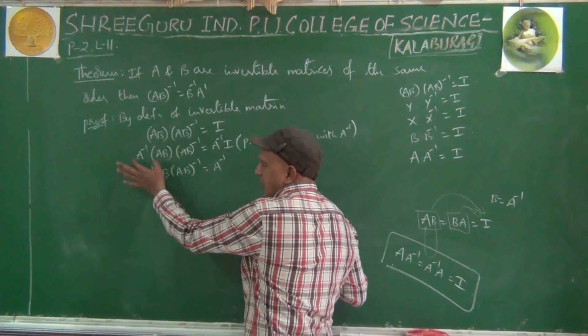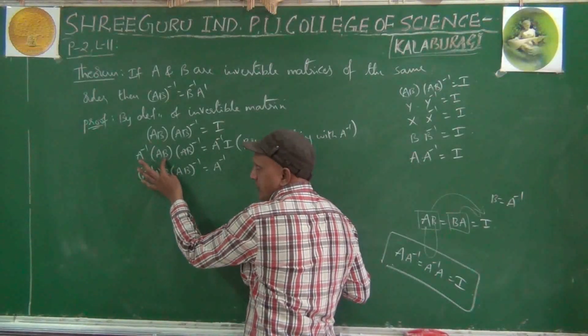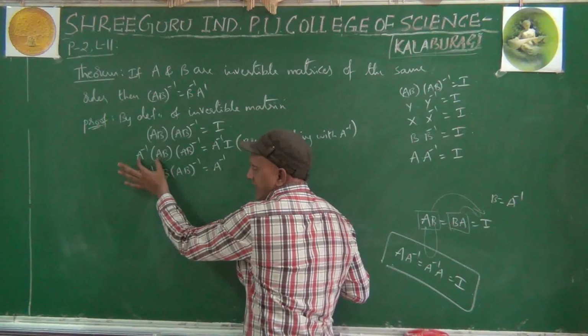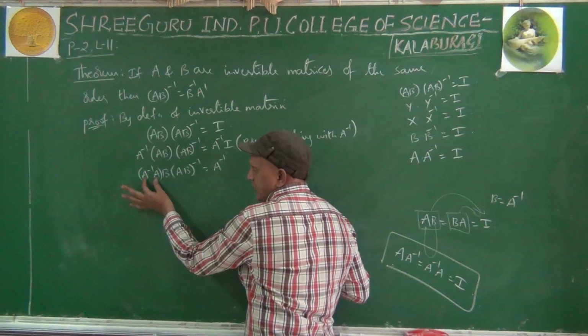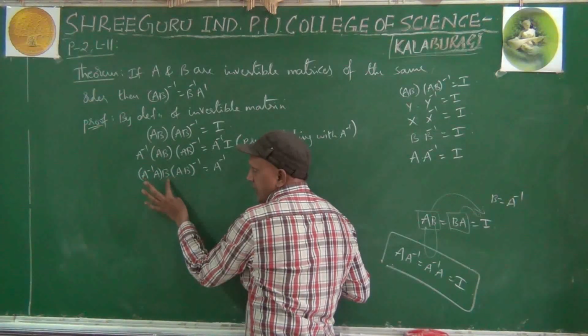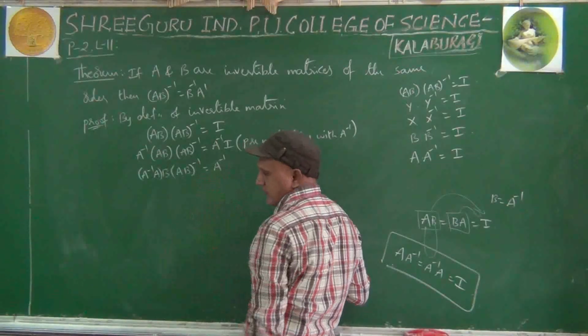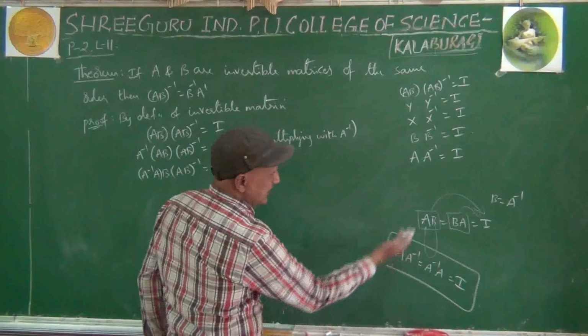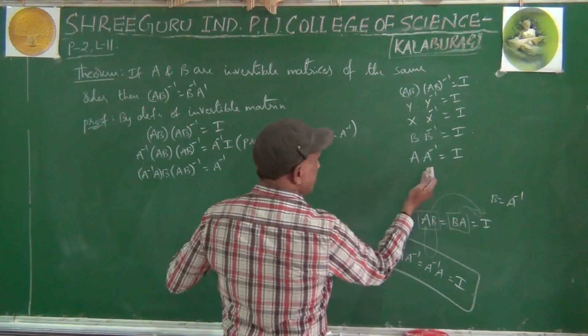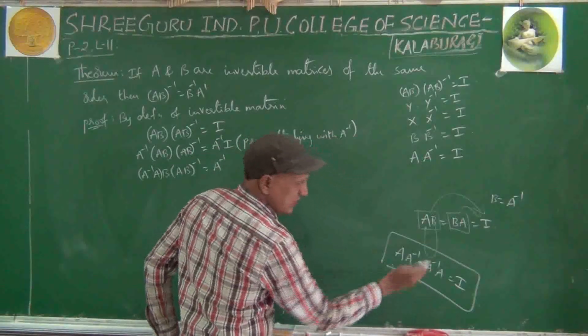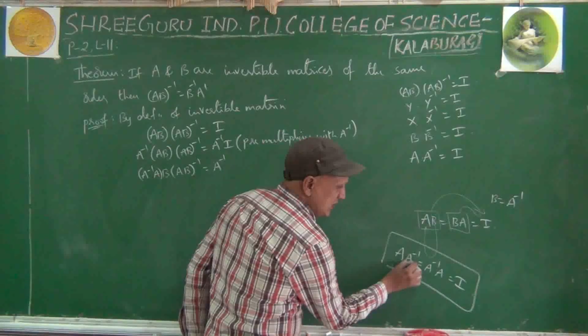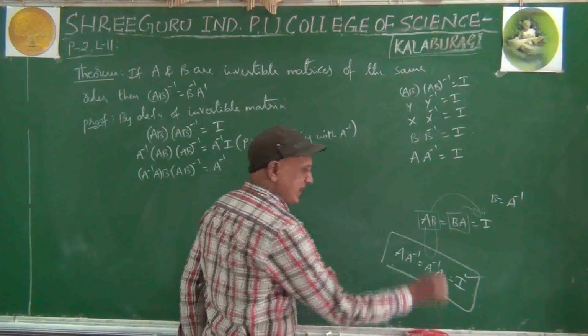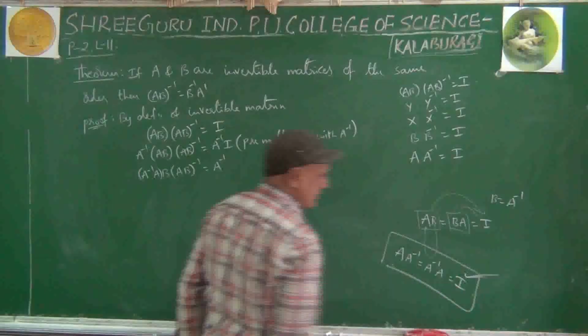By the associative law, A inverse into AB can be written as A inverse into A, B separate. This will be as it is. Clear? Just some time back we have seen the definitions: A into A inverse is I, A inverse into A is also I. Why?